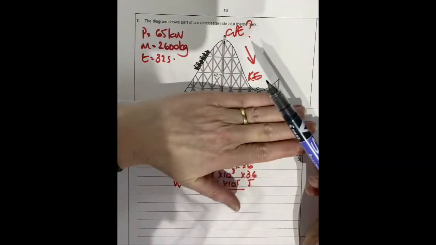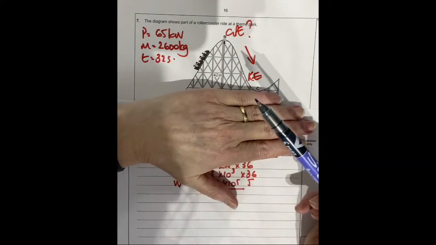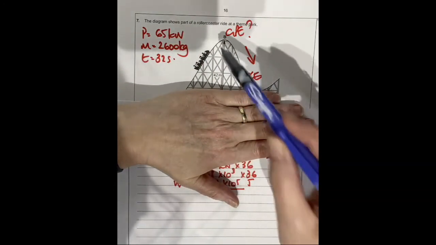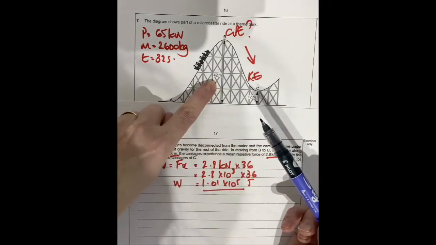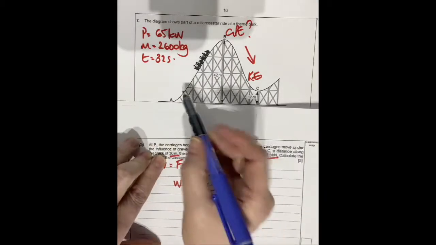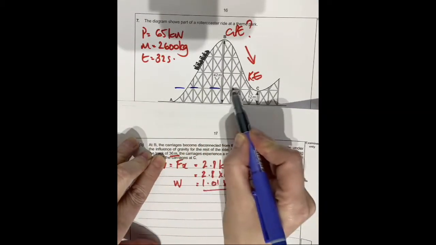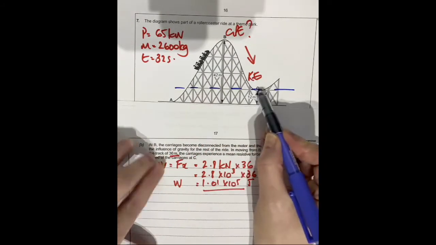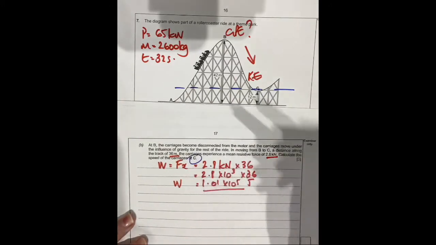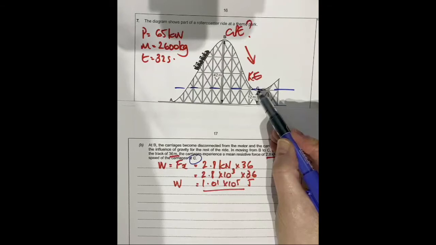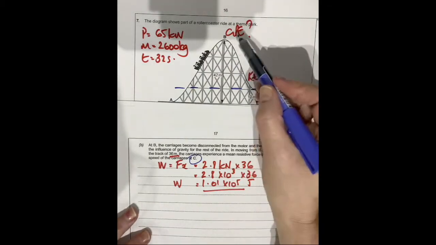So actually, if you look, what we're interested in now is just that drop from B to C. This is the bit we're interested in at C, isn't it? We want to know the speed. We need to know the kinetic energy to find the speed at C. So let's work it out.